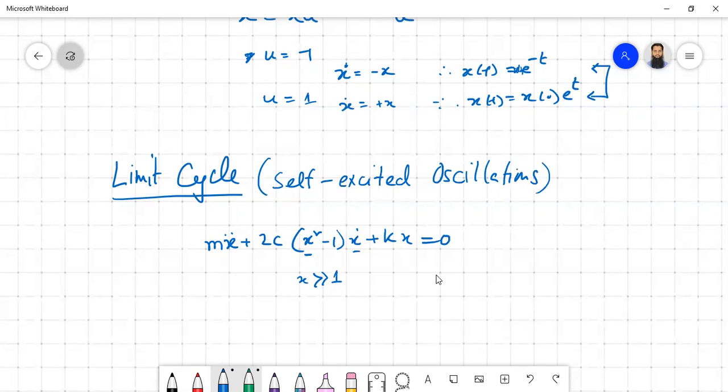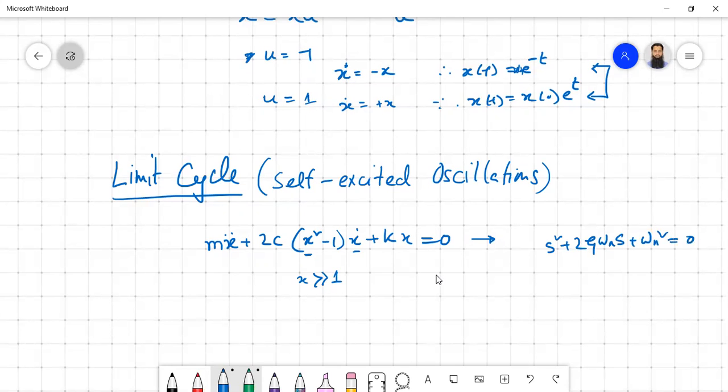So this system can be a mass spring damper system where a position dependent damping coefficient is there. Basically, as you know from a second order differential equation, we have s square plus twice zeta omega n s plus omega n square.